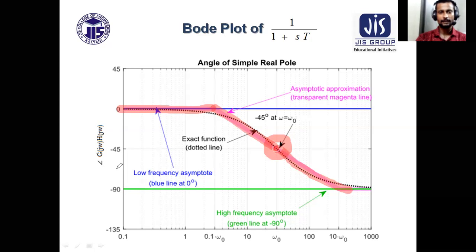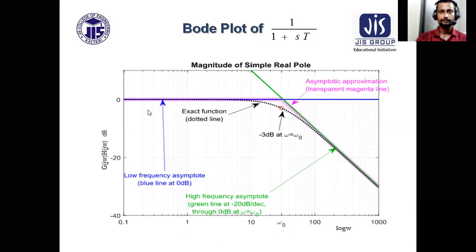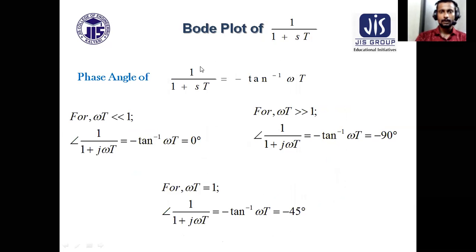So 0, minus 45, minus 90. This is how the phase angle varies with variation in frequency on a log scale for the term 1 by 1 plus st. So getting the magnitude plot and phase angle plot for the term 1 by 1 plus st is now discussed.